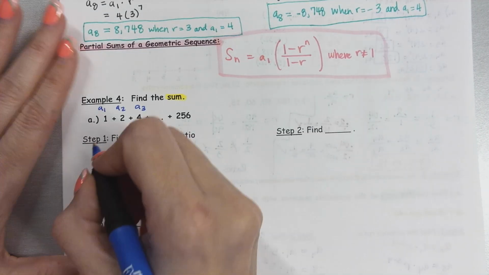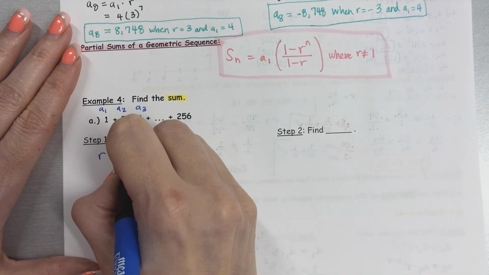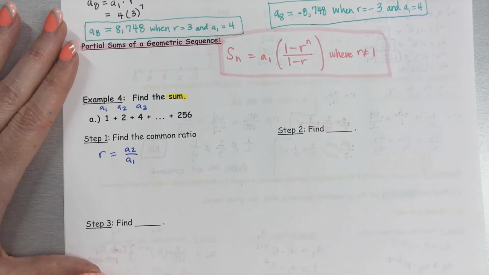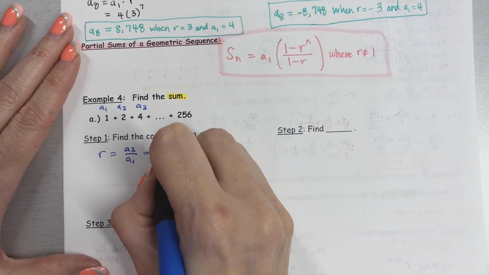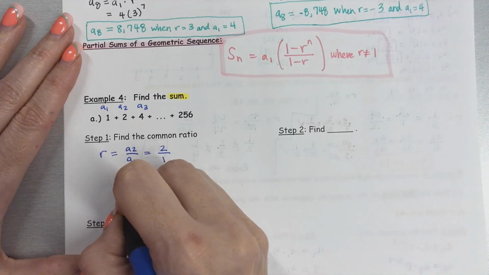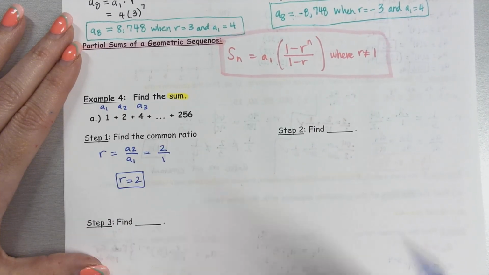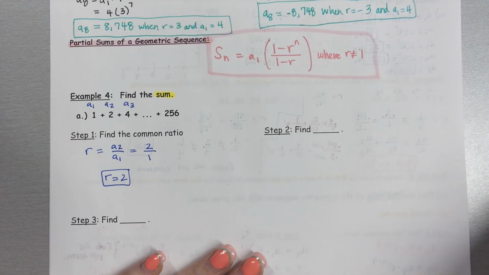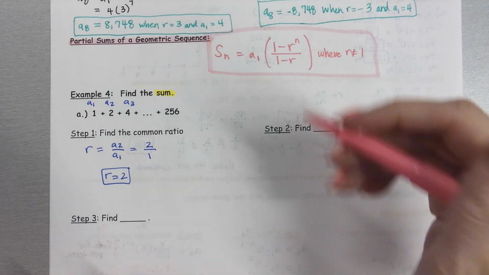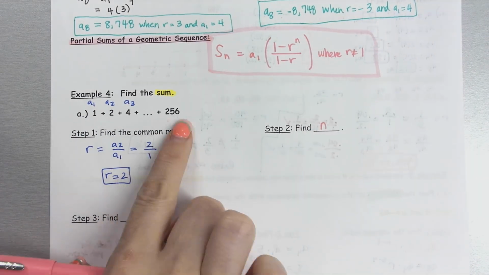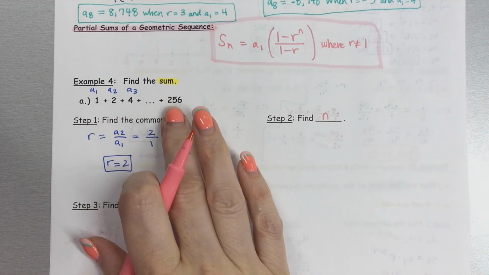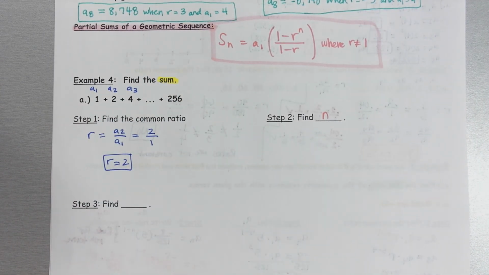I'm going to show you how you can use the equation, but once it's like this, you can just write out what your r value is, because you can see right away that you're multiplying by what number? 2. So your r is 2. And once you know what that is, then you can find the n value, because we want to know how many terms this is. You could just keep multiplying by 2 and figure out what term that is, that's fine. Or you can use your equation.